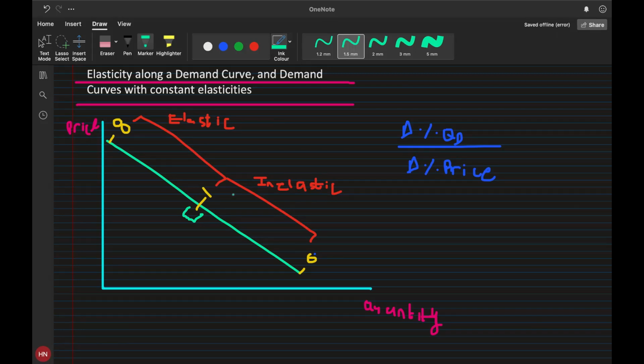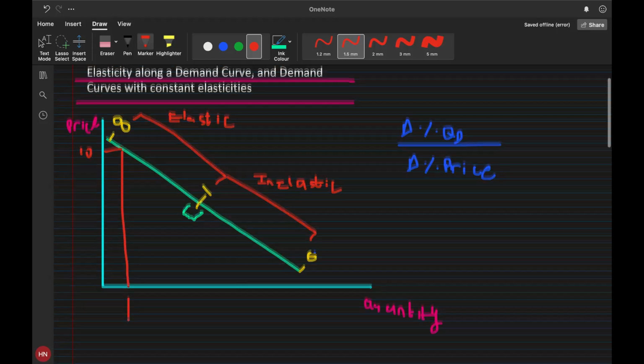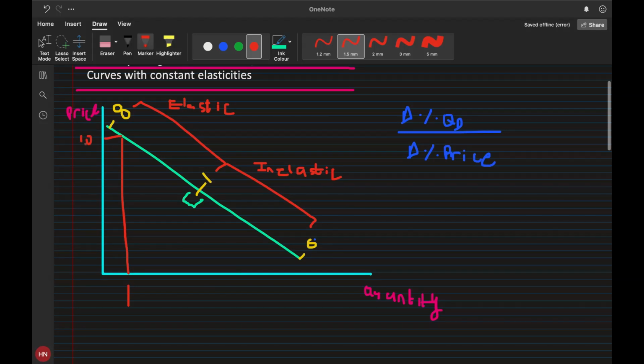Now the explanation is that, let's say we were somewhere around this point, and the price is 10 and the QD is 1. If the price changes from 10 to 9, this is the corresponding demand 2.